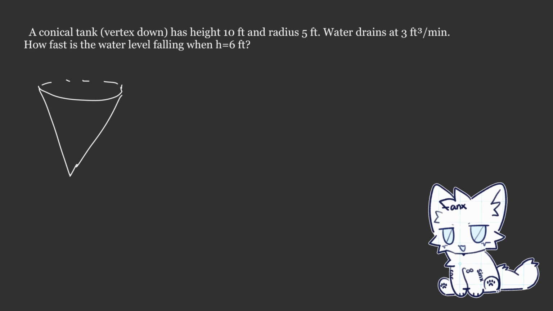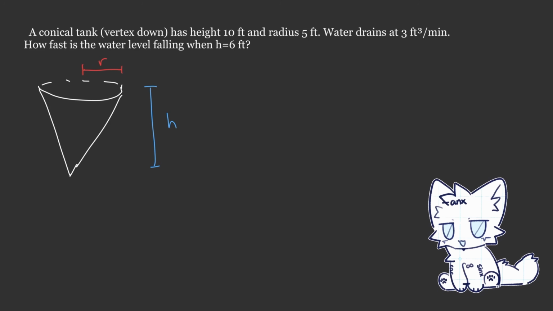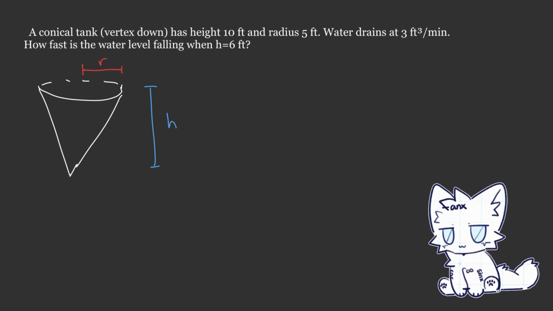Let's denote the height as h. And a radius, okay, a radius of 5 feet. Water drains at 3 feet cubed per minute. How fast is the water level falling when h is equal to 6 feet?